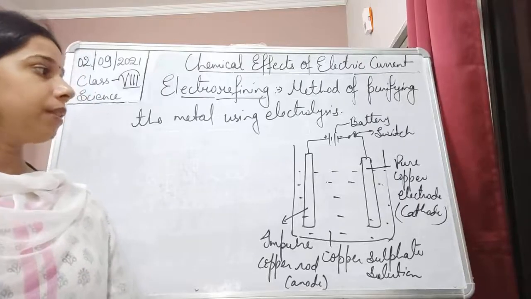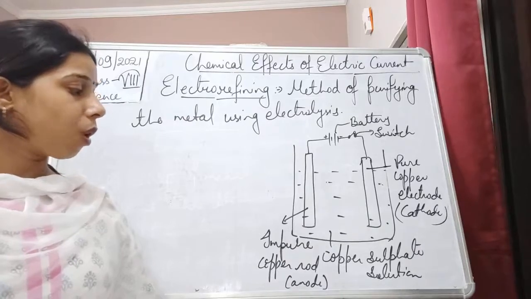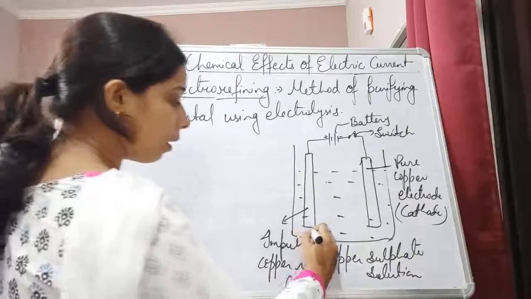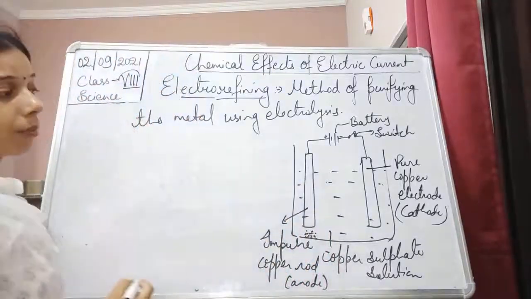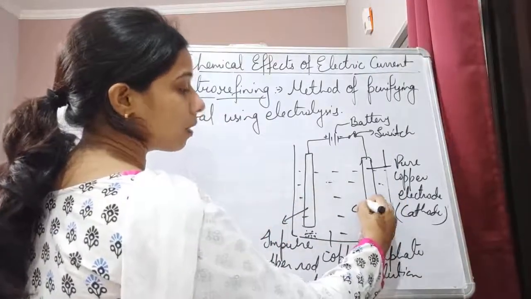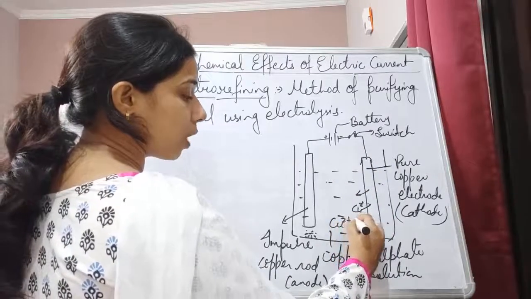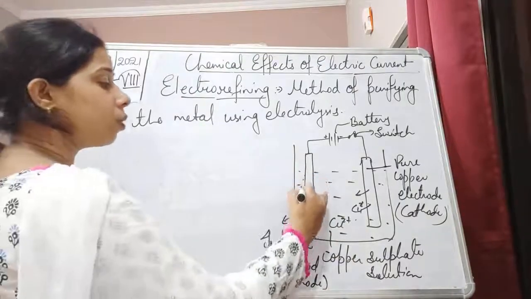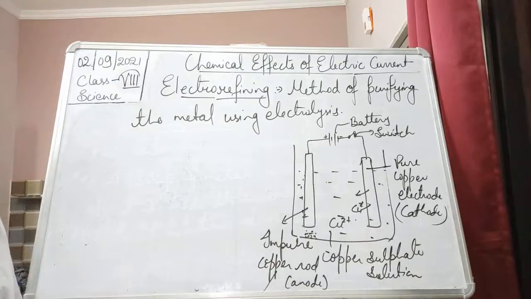When we supply an electric current through it, the impurities from the copper rod start falling to the bottom, while from the impure electrode the Cu2+ ions come outward, and the copper sulfate also dissociates into Cu2+, and they get deposited over the surface of the cathode.